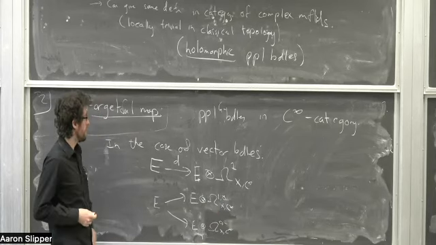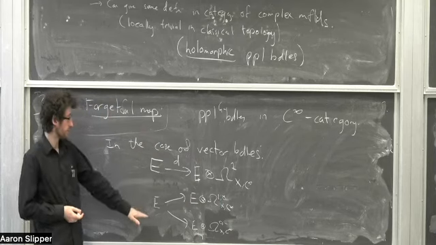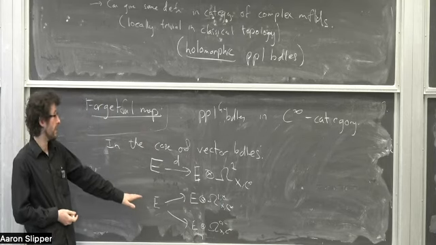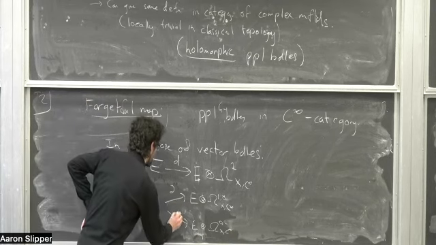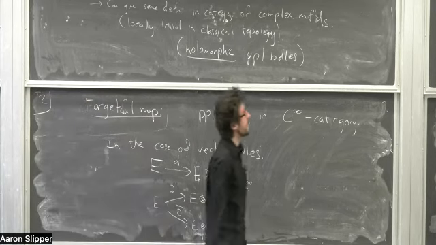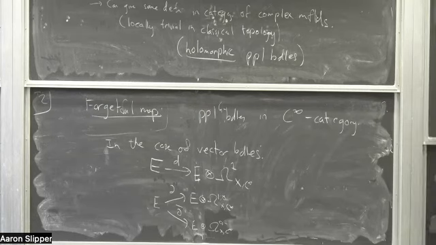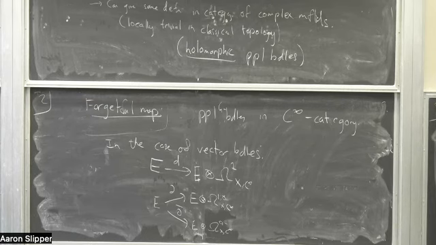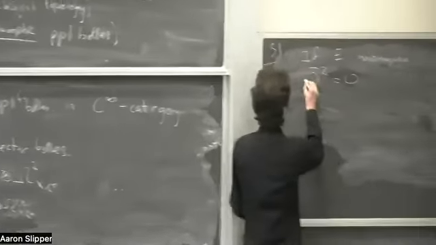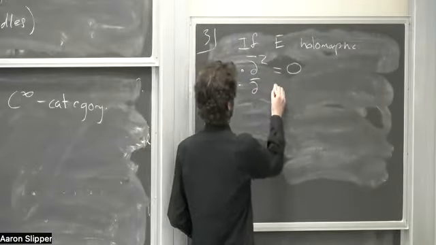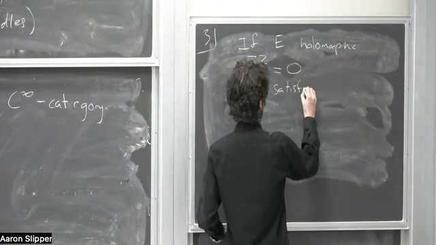Now, if your bundle is actually holomorphic, we have that del bar squared is equal to 0, and del bar satisfies Leibniz.